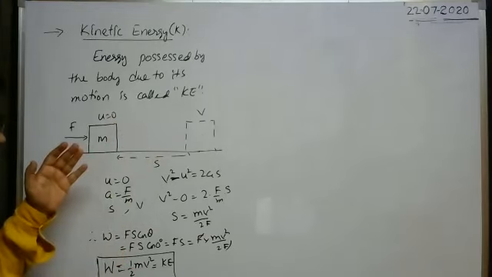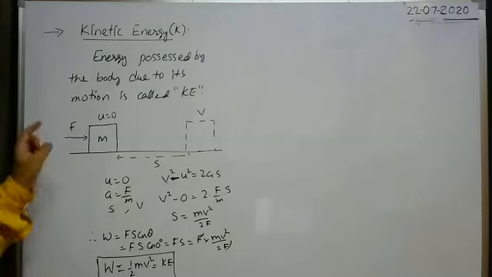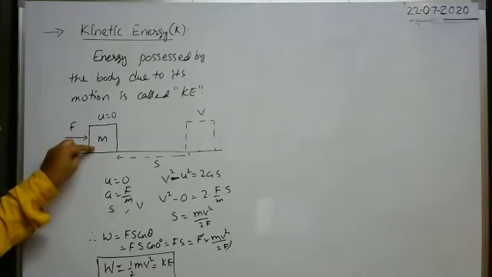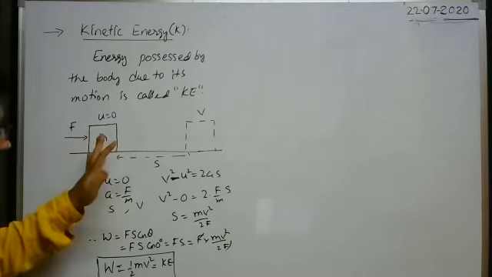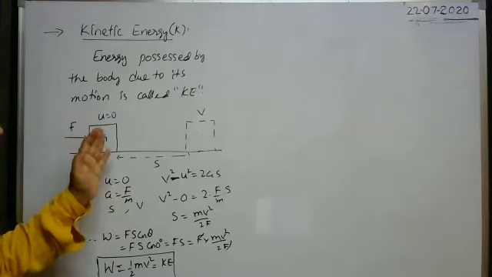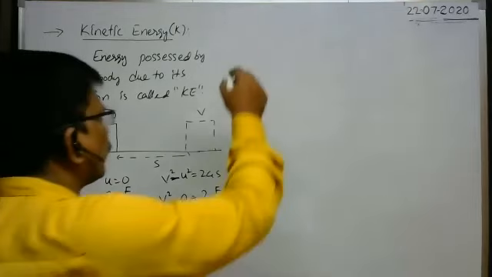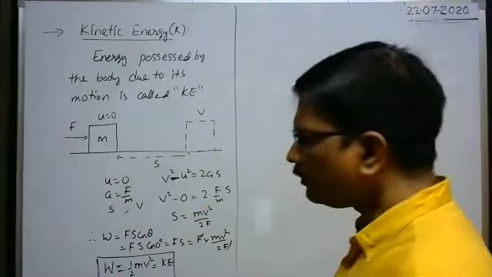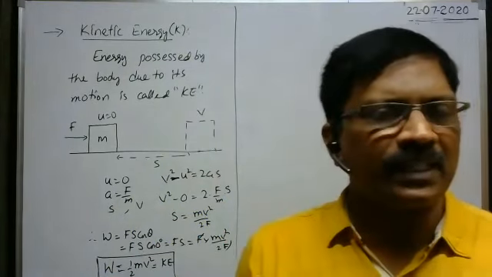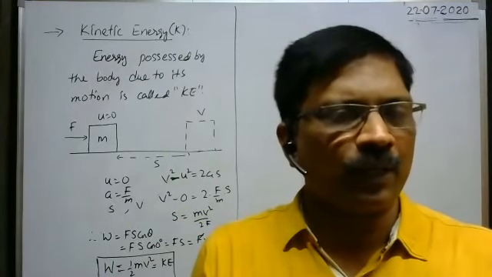Mathematically, it can be derived by calculating the work done by the applied force to displace the body through a certain distance starting from rest. Such work done is stored in the body as kinetic energy. So kinetic energy is equal to half m v square. From this formula, kinetic energy is nothing but work done.